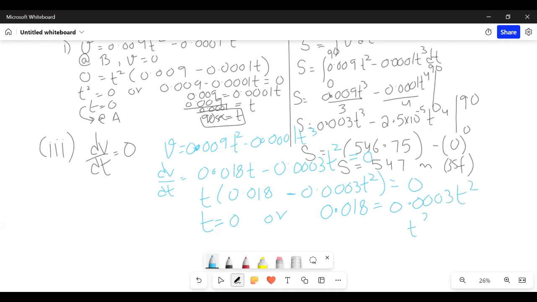So t square will be equal to 0.018 divided by 0.0003, which gives us 60. So time is equal to 60.